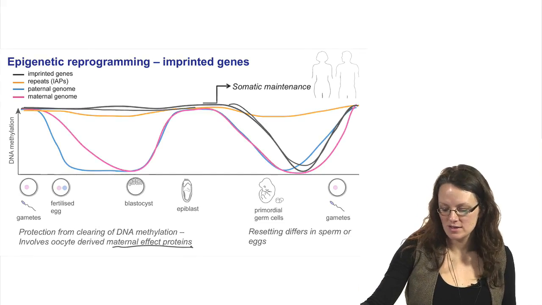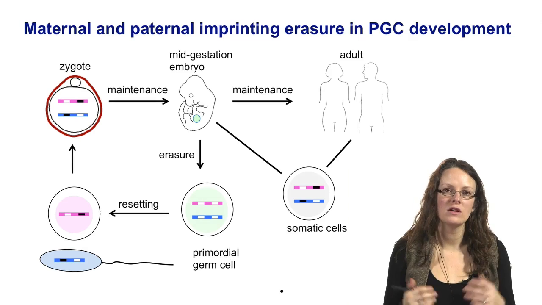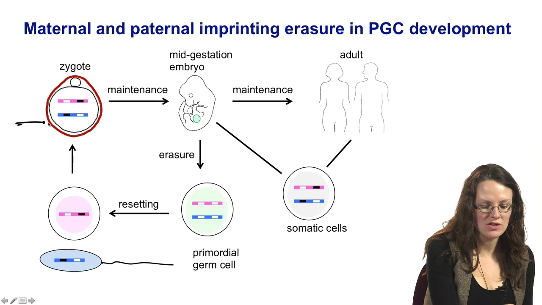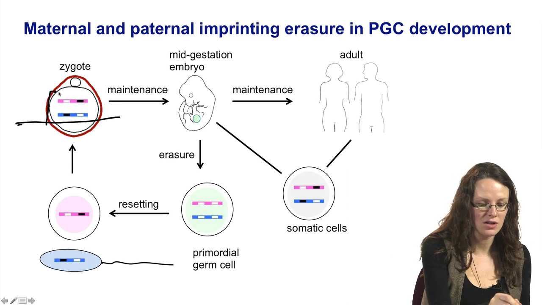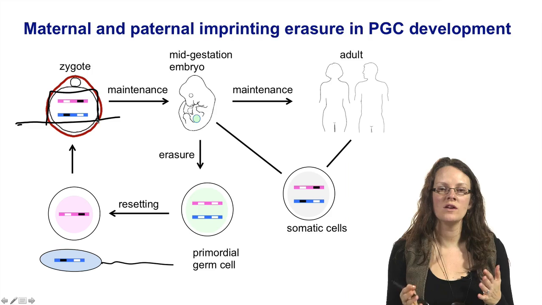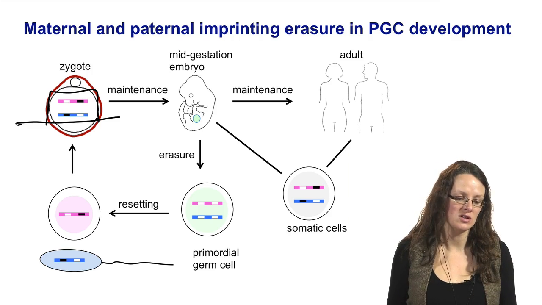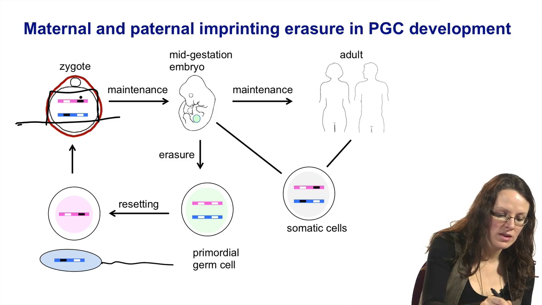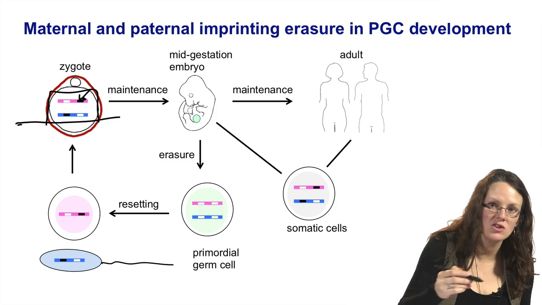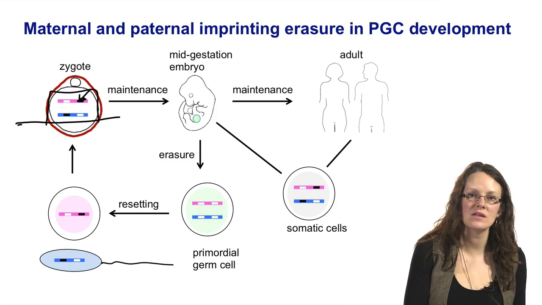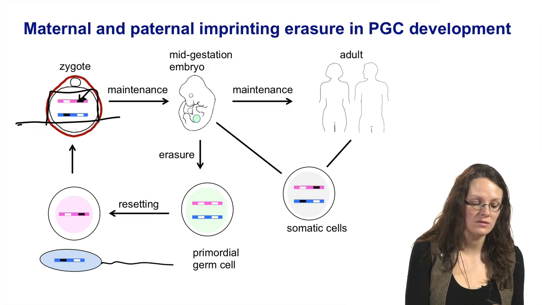If we think about this in a slightly different diagram, once you have these epigenetic states established in the zygote, shown here, and I'm showing just one chromosome that you've inherited from the mum in pink, and one from the dad in blue. If we think about two imprint control regions shown here, we've got one that's maternally methylated, so maternally imprinted, which is unmethylated on the paternal allele.